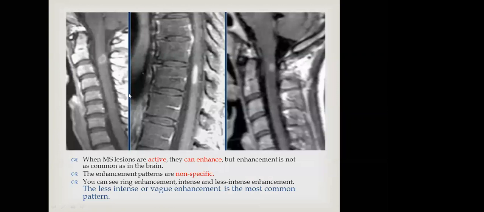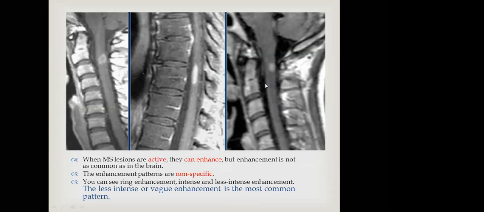Enhancement of the cervical MS could be either ring enhancement, or hyperintense high signal uptake of the contrast, or fairly less intense enhancement. Most of the lesions are of this type, and rarely we see hyperenhancement or ring enhancement in the cervical MS. This is the summary of what we said previously. The lesions are supratentorial or infratentorial.